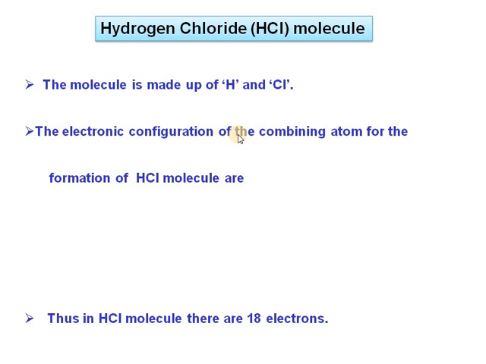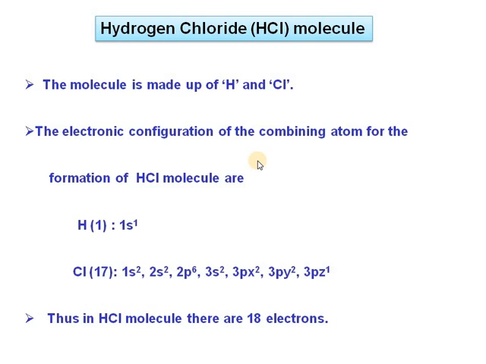The electronic configuration of the combining atoms, hydrogen and chlorine, which form the molecule hydrogen chloride: hydrogen has one electron, therefore its electronic configuration is 1s1.